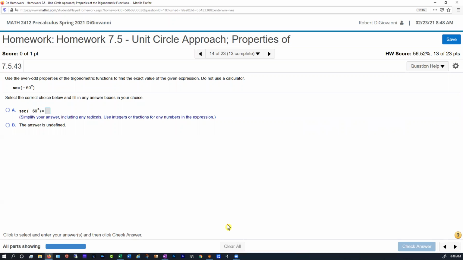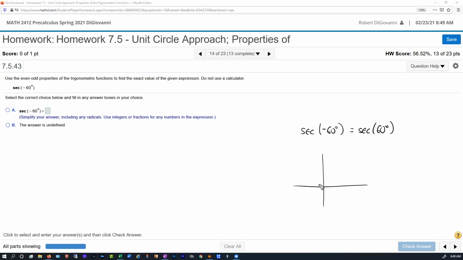Okay, so secant is an even function, just like cosine was. So if I wanted to know what secant of -60 is, all I really need to know is what is secant of 60 degrees. Okay, so secant of 60.